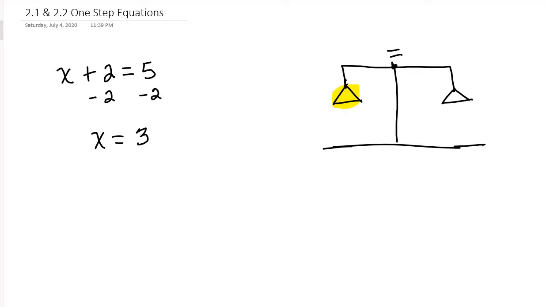What you do to one side of the equation, you have to do to the other. I see a lot of students solving this type of problem by doing this, and that's wrong. Right? You're not taking 2 away from just the right-hand side. You're taking 2 away from both sides of the equation.